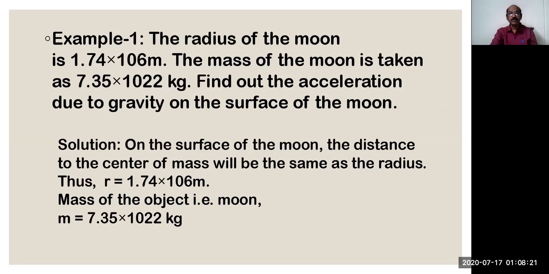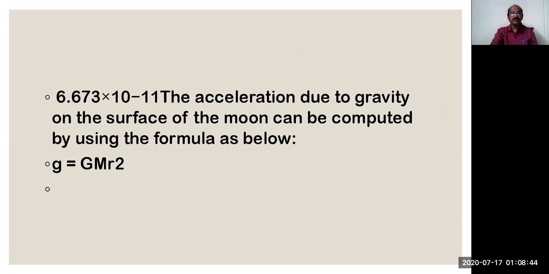On the surface of the moon, the distance to the center of mass will be the same as the radius, r equal to 1.74 into 10 to the power 6 meter. Mass of the moon, M equal to 7.35 into 10 to the power 22 kg. And G is 6.673 into 10 to the power minus 11.